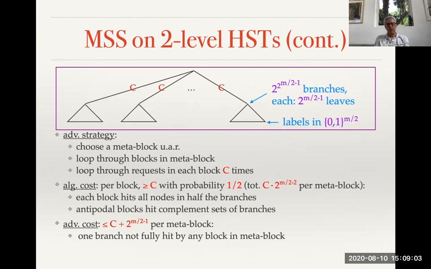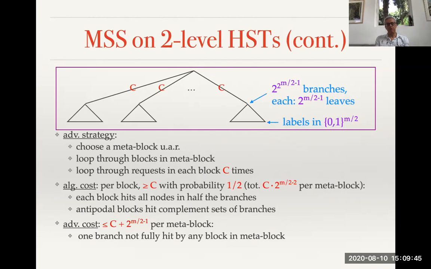Well, if you'll notice, the requests in a block hit basically half of the branches, meaning that if you request all the requests in the block, all of the leaves in that branch are hit at least once. So this happens for a particular block in half of the branches.